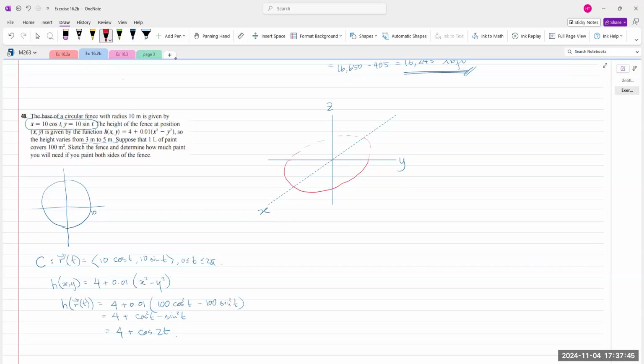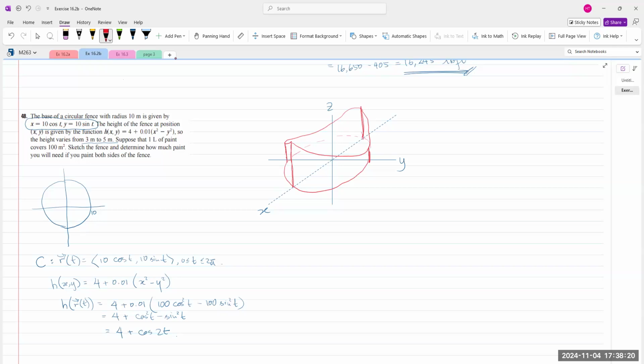With the height, when t equals 0, that will be 5. When t equals pi over 2, that's 3. So it seems like it's getting lower. From here it keeps getting lower, and then later on it comes up again. Okay, sketch the fence.